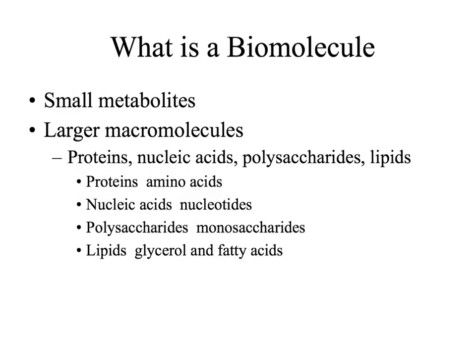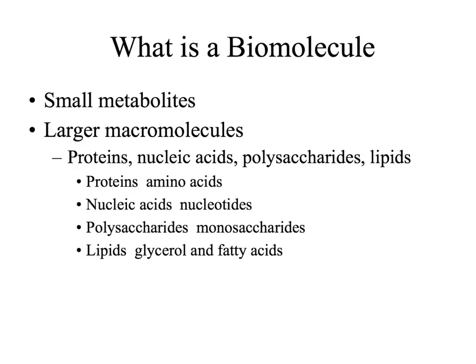So going back to this idea of biomolecules, now that we've talked about the different types of substances that are present and the characteristics of living systems, remember that we said we had small metabolites or small molecules, and then we had larger macromolecules.